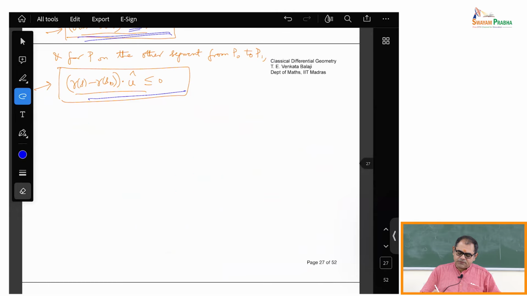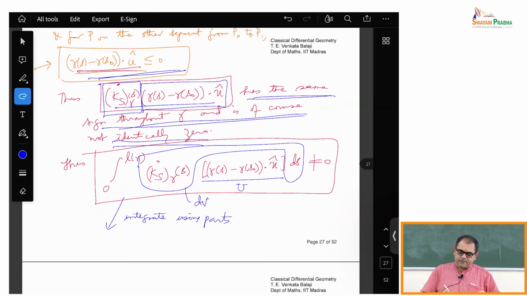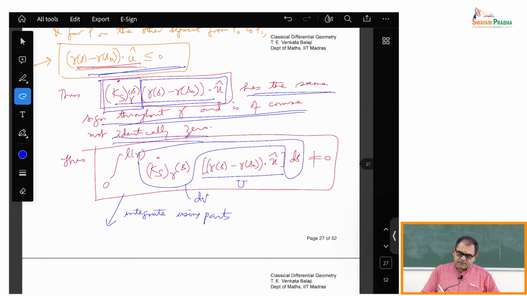So what you do is that you take this as dv, and you take this as u, capital U, okay, and you integrate it by parts. You will get uv minus integral v du.